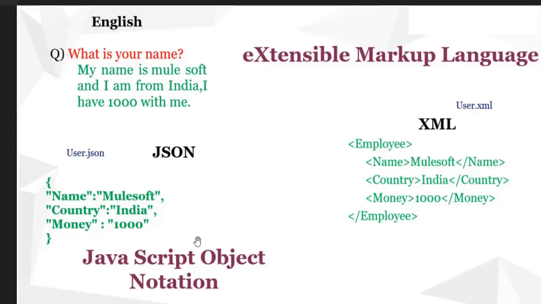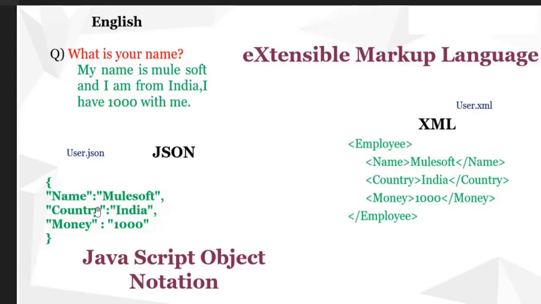That's why JSON data is represented in the form of key value pairs. You should represent name in double quotation marks with a colon, and then the answer, what is your name, Mulesoft, also in double quotation marks, and then you put a comma.